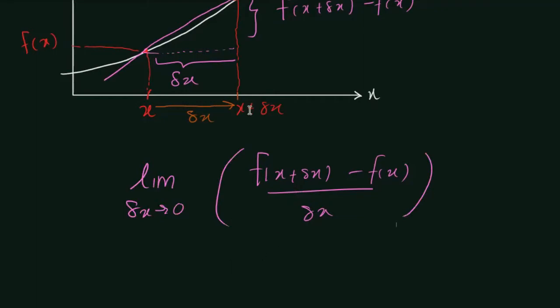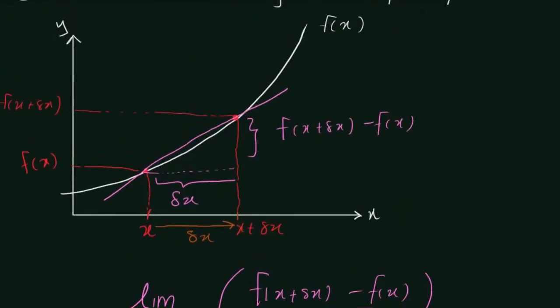When delta x decreases to this much, the new delta y value is this much, and the gradient goes in this way.